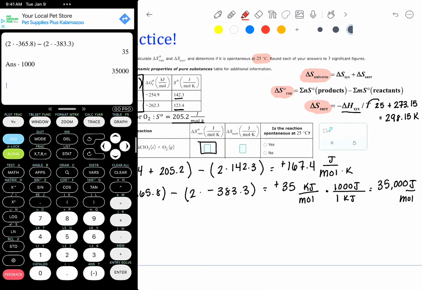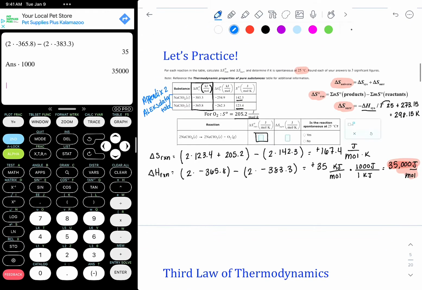So we can now use this delta H and plug it into our equation for delta S of the surroundings. So delta S of the surroundings is equal to negative delta H, negative 35,000 joules per mole, divided by the temperature, which was 298.15 Kelvin.